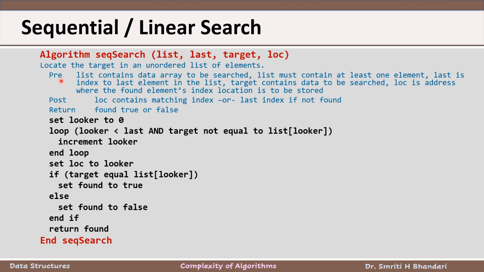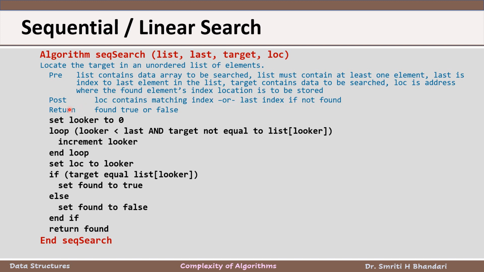So the precondition is list that we are sending as a parameter contains data array to be searched. List must contain at least one element. Last is the index to last element in the list. Target contains data to be searched. LOC is the address where the found element's index location is to be stored.